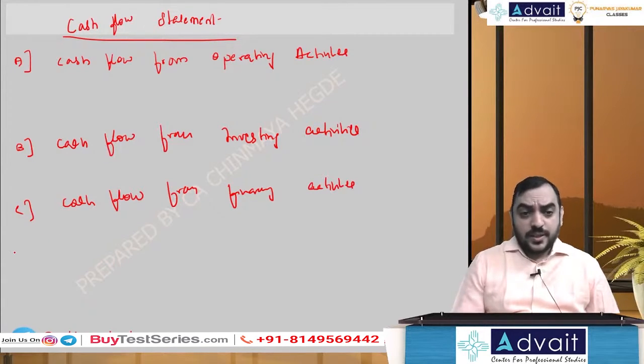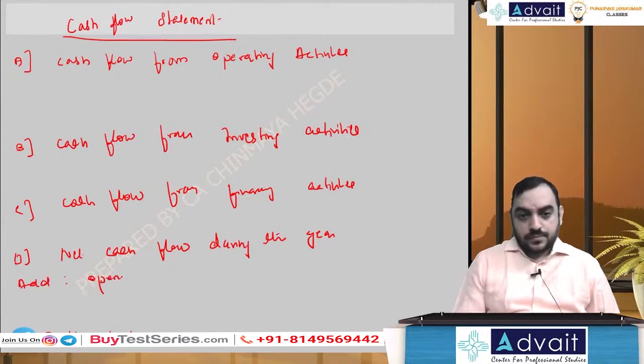Then we add all the three, that we get as net cash flow during the year. Then we add opening cash, we get the closing cash.